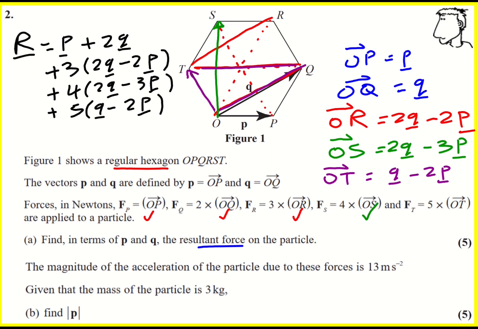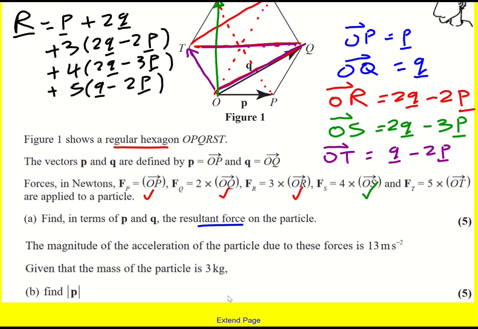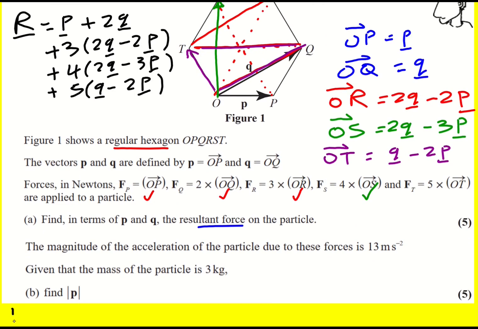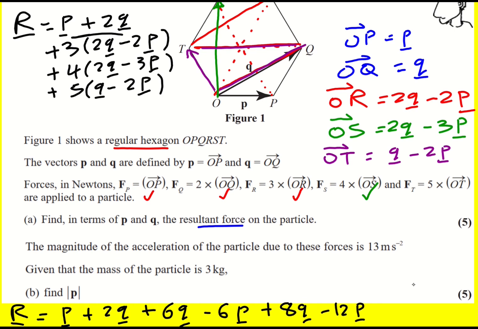Okay, there we go. We can expand the brackets. I'm running a bit out of space, so I'm going to come down here. So R is going to be P plus 2Q plus 6Q, just expanding this bracket here, minus 6P, plus 8Q minus 12P plus 5Q minus 10P.